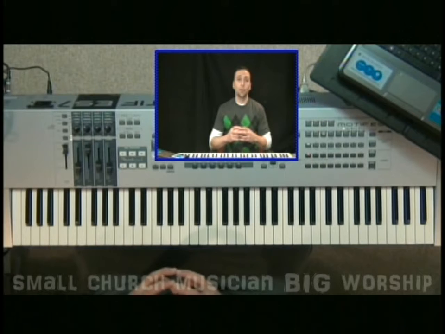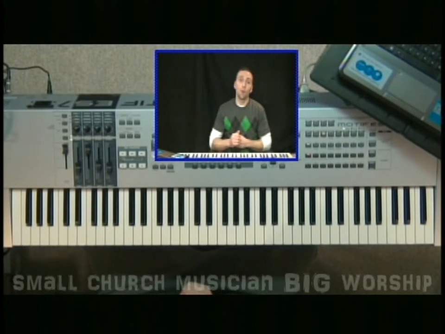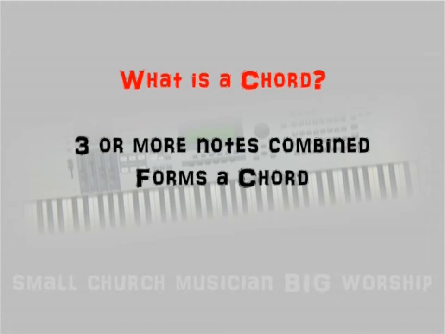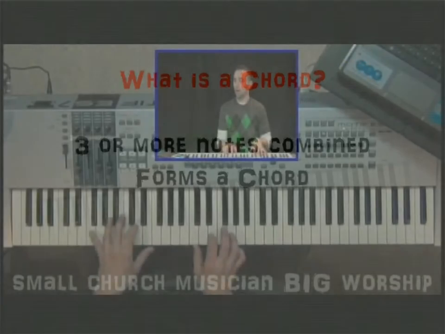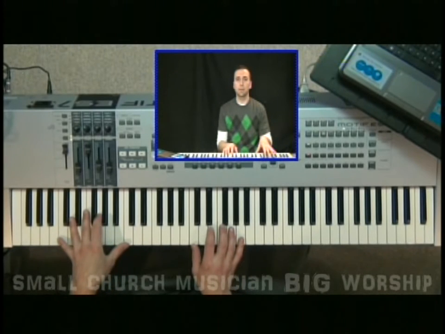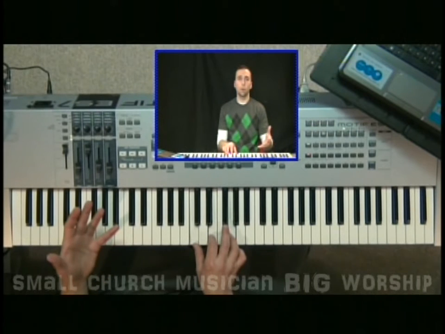Okay, in this session we're going to talk about chords, and you're probably asking, what is a chord? If you don't know, a chord basically is a series of notes all put together, played simultaneously. Our example has been C. If you look at a C, an E, and a G, and you put them together, that makes up a chord.